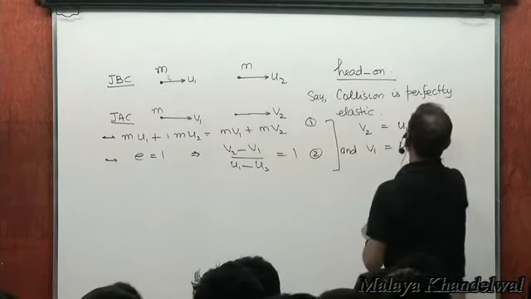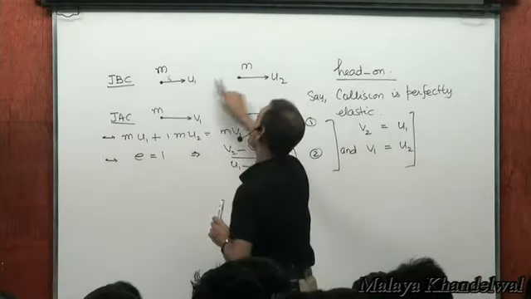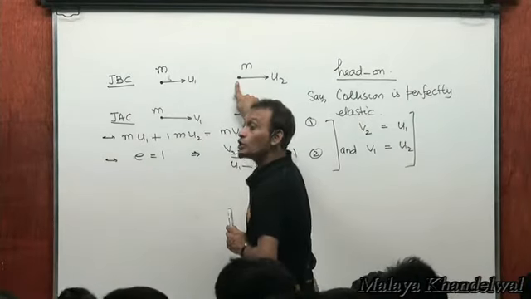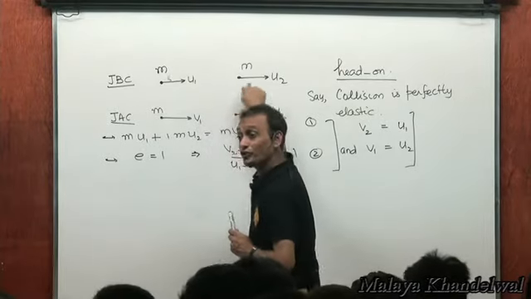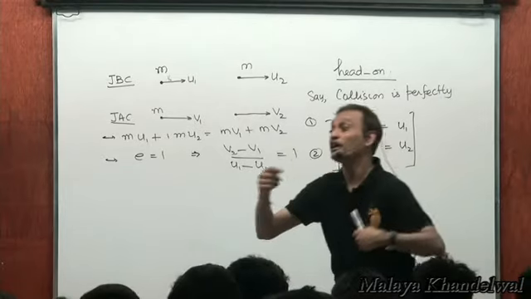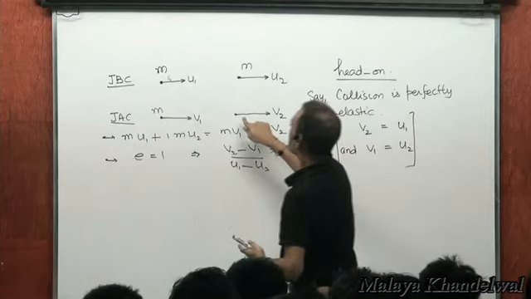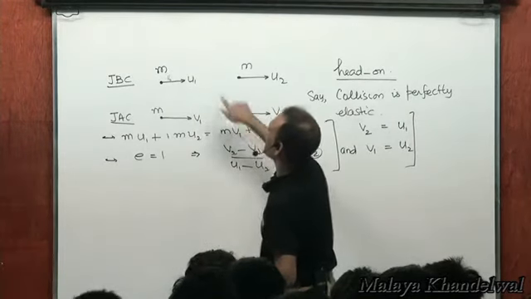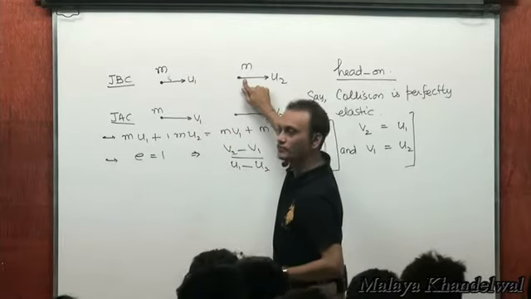Now, what it really means is that if there are two identical particles in a state of perfectly elastic collision, then their velocities get interchanged. This one is taking up the velocity of that one, and that one is taking up the velocity of this one.